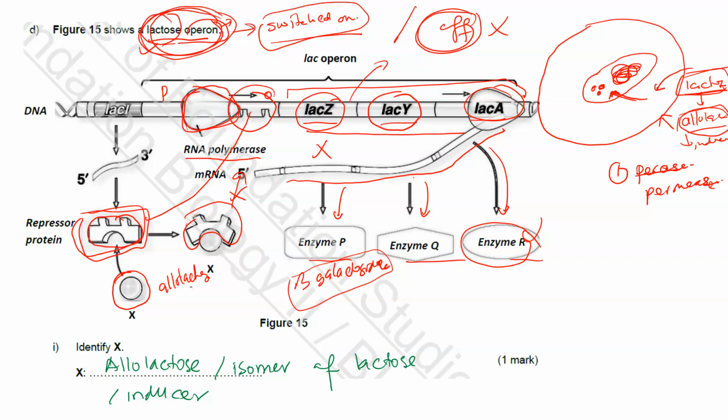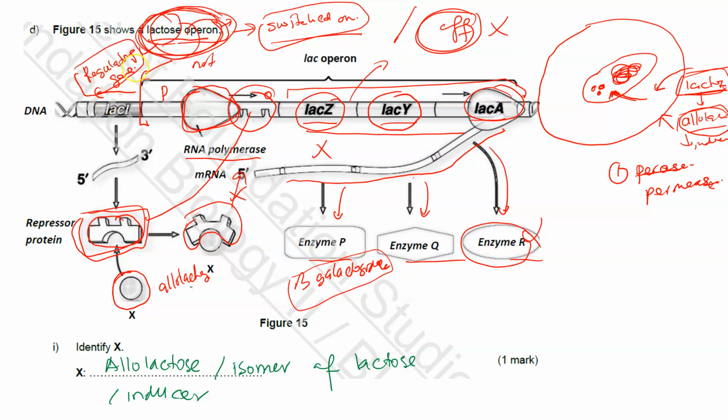Okay, so kalau awak notice kat sini, kat awal ni kita ada satu gene, kita namakan dia sebagai regulatory gene. Regulatory gene, you have to take note that it is not part of the operon. Dia bukan sebahagian daripada operon, tapi dialah yang akan mengawal lac operon ni.